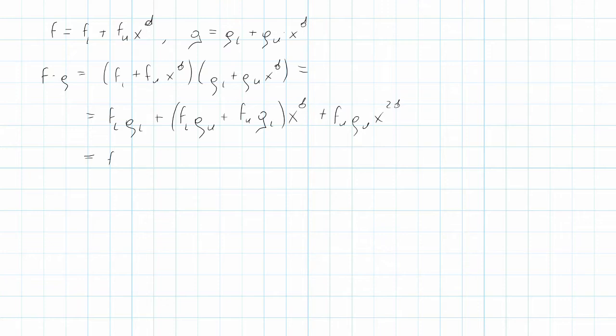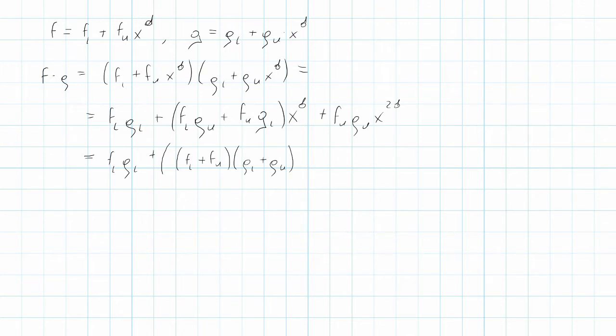Okay, the lower parts are multiplied in the same way as here. We don't change anything. The upper parts, fu gu, will also not change, but the part in the parentheses will be rewritten. We write it in this way. We add the lower and upper part together, fl plus fu, and we multiply it by gl plus gu.